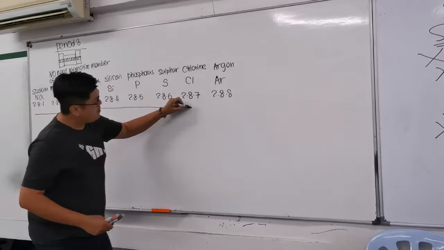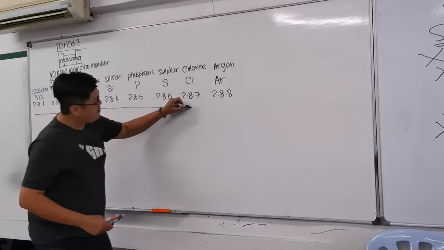This answer. If they ask me, why moving across the period electropositivity decreases? This answer. Okay? If they ask me, why moving across the period electronegativity increases? This answer. Here, you use the same answer for three scenarios, for three situations. Understand?